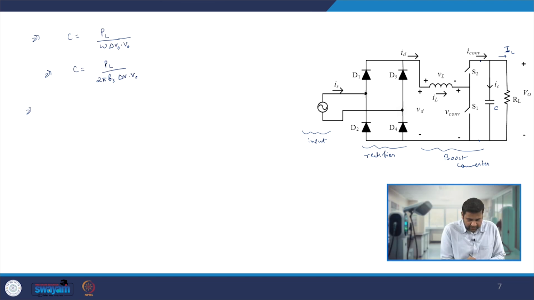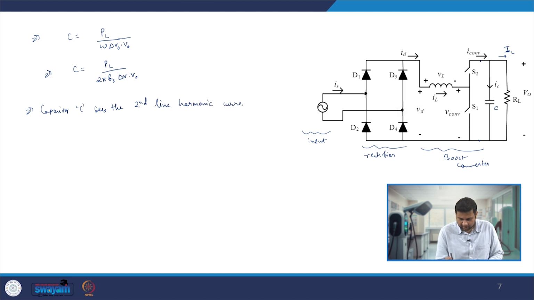So the capacitor C really sees the second line harmonic current and has a ripple which is of second line harmonic frequency.